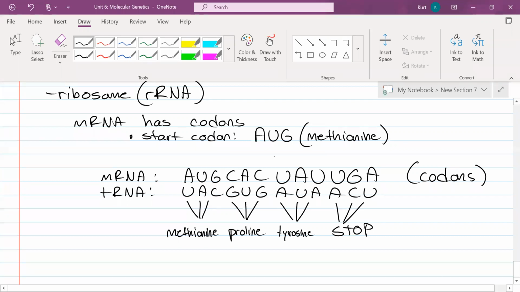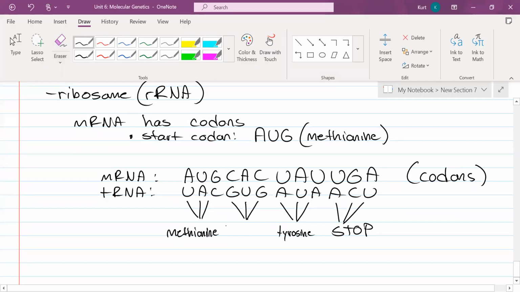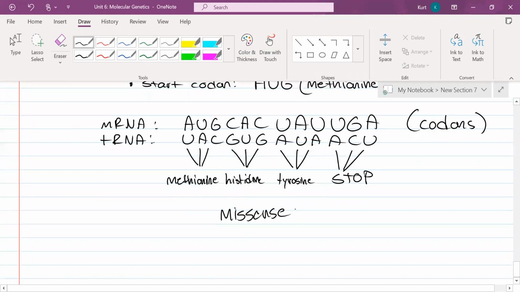Let's see if that changes it. CAC, yes, it did. It changed it to histidine. Should histidine be there? No. So this is going to be a missense mutation, where it actually does affect the proper sequence of amino acids. This is where it actually does have an effect.